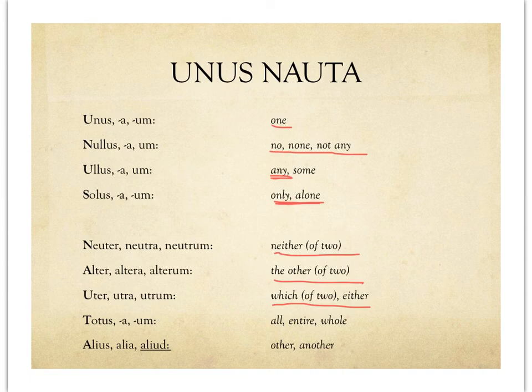So one of the things that you can see is some of these forms, like uter, also begin with a U, and so does ullus. Both of them mean either or any, but the ones that end in ER, you only use when you have one of 2. So if with nullus we want to say no people have pigs, we would say nulli homines porcos habent.